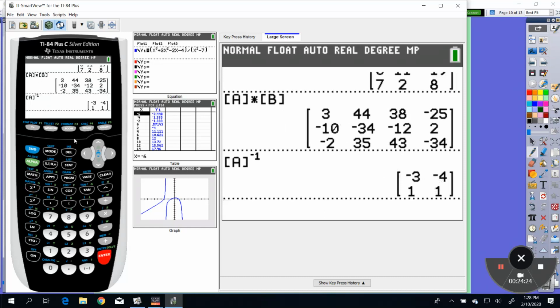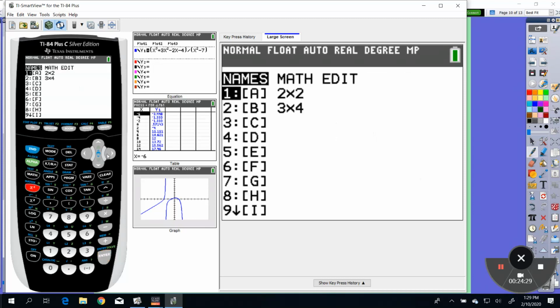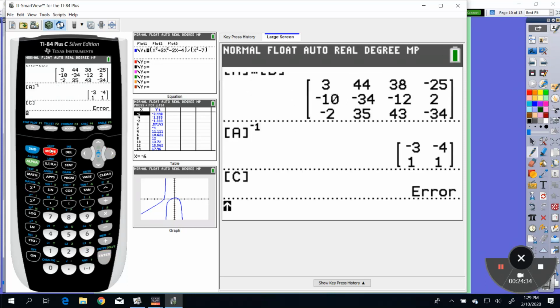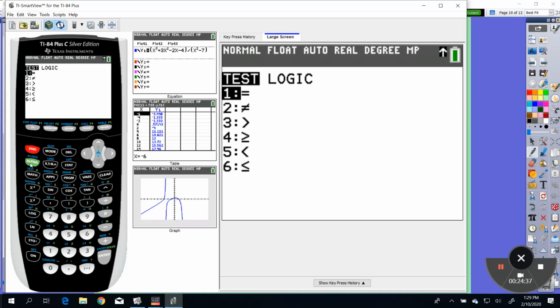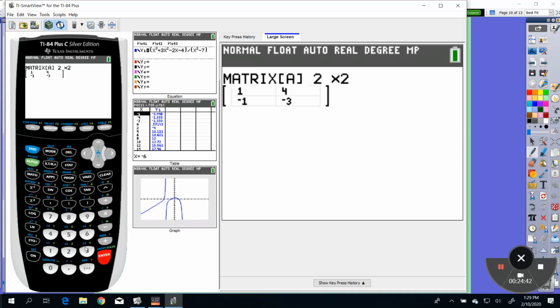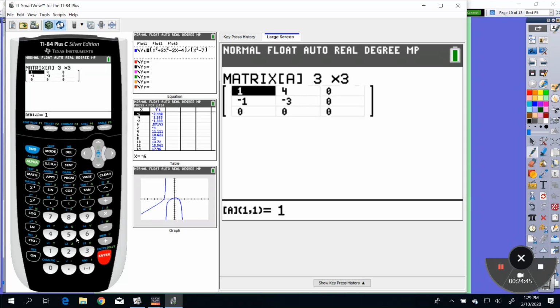So same thing. Now to do the next one, I go to second matrix, edit, 3 by 3, whoops. 3 by 3, 1, negative 1, 0, 1, 0, negative 1, 6, negative 2, negative 3.